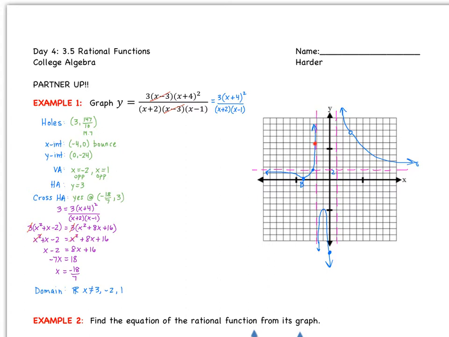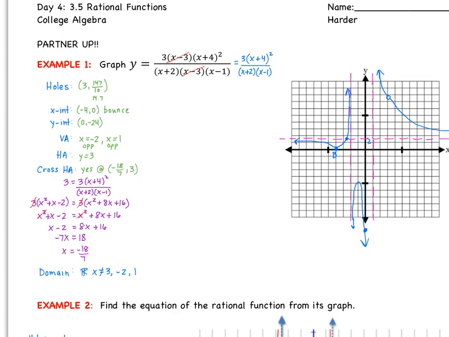So I start up here. We know it crosses our horizontal asymptote at negative 18/7, 3. We're going to come to our x-intercept where we're going to bounce, and then we come back and follow our horizontal asymptote underneath. So hopefully you did okay, and we can check and answer any questions in class.